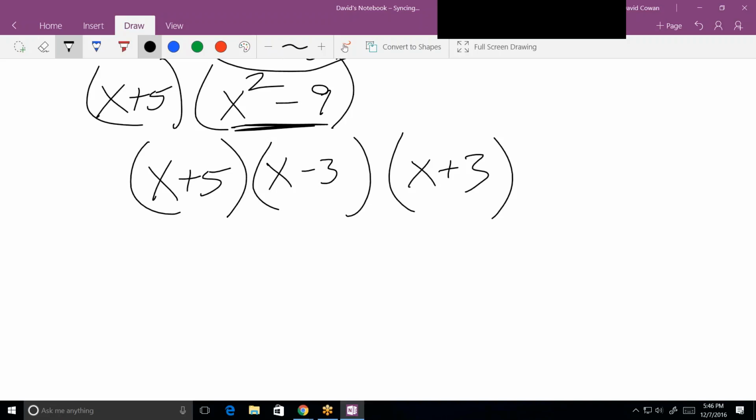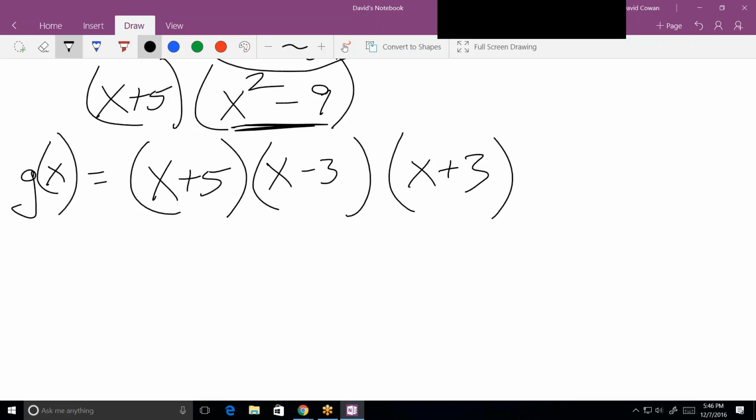That's a common one that you're going to run into a lot, difference of perfect squares. You want to make sure you recognize it when you see it, okay? Because it's really easy to factor. It's one of the easiest quadratics to factor. You just take the square root of this term minus the square root of this term and then times its conjugate, okay? So this is equal to the original function.